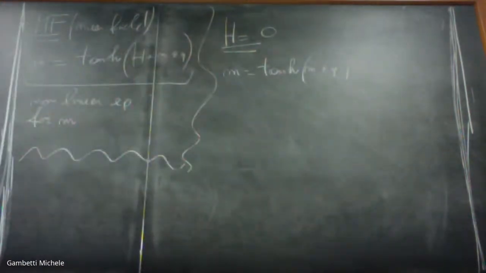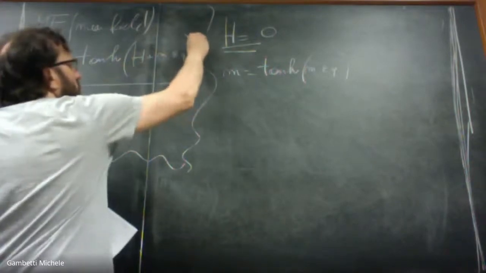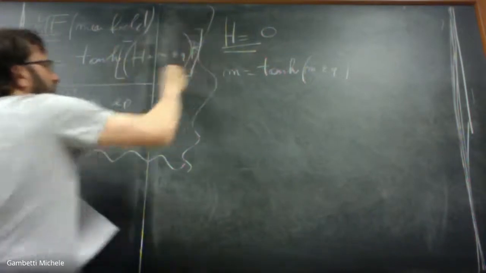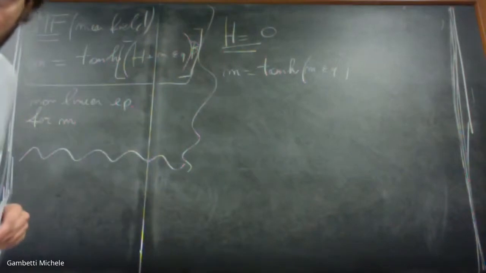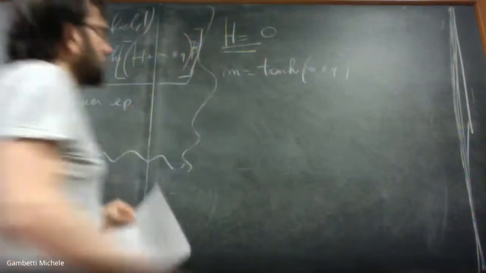Now, let's try to do a plot of this quantity. I think I forgot something there. I think I forgot the beta. So please correct it if you do not have the beta. Do you have the beta? I forgot to write it, there is a beta here.